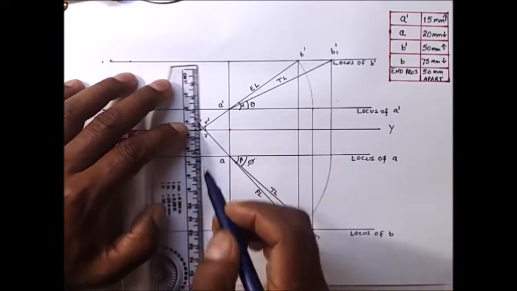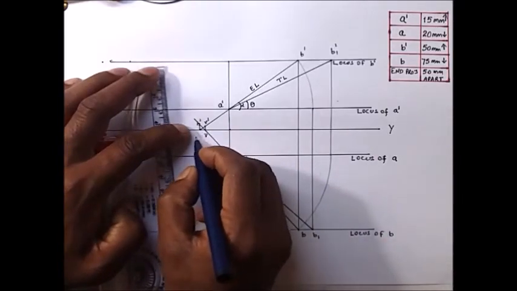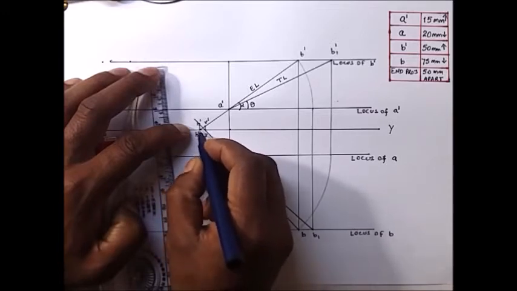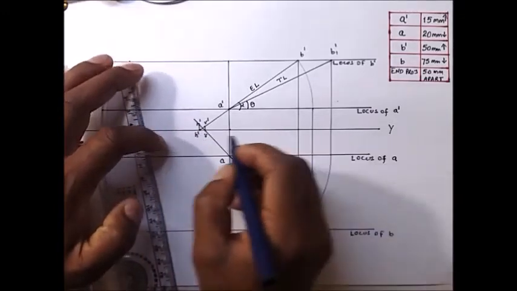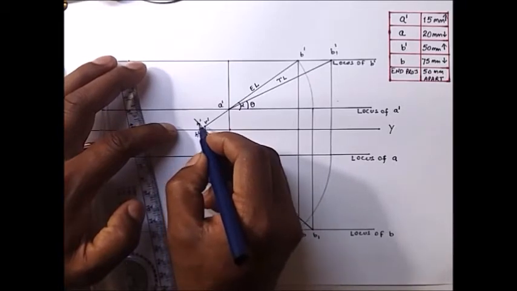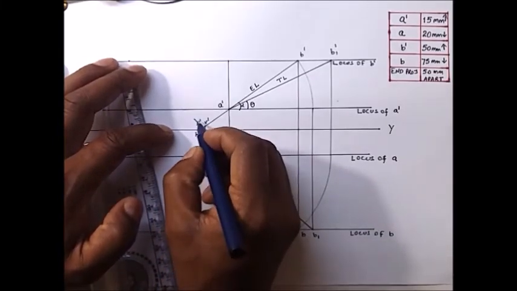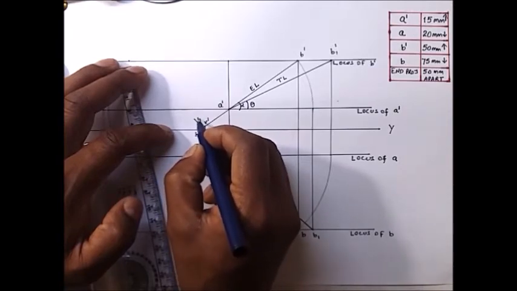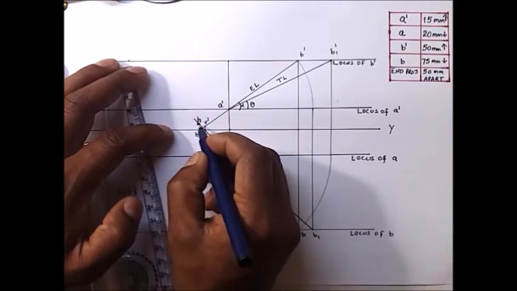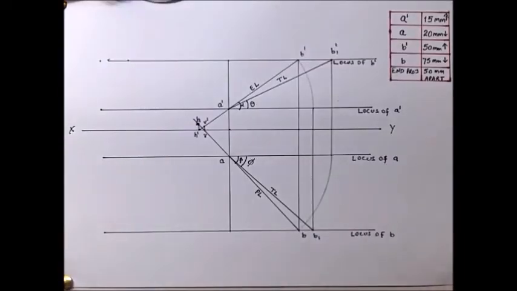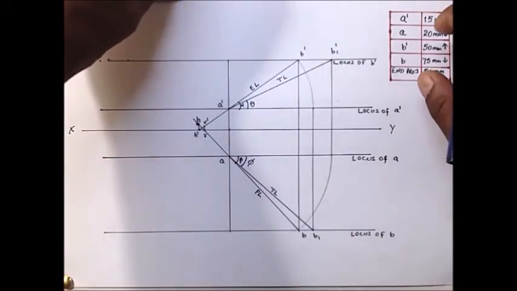I'm writing this H dash here because it is getting cluttered up. This is the H dash point which is on the XY line, and this point which is on the extended line of PL is point H, and this is your HT. Therefore this question is easily solved.